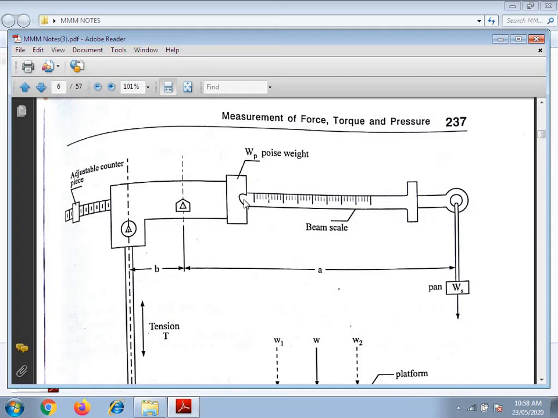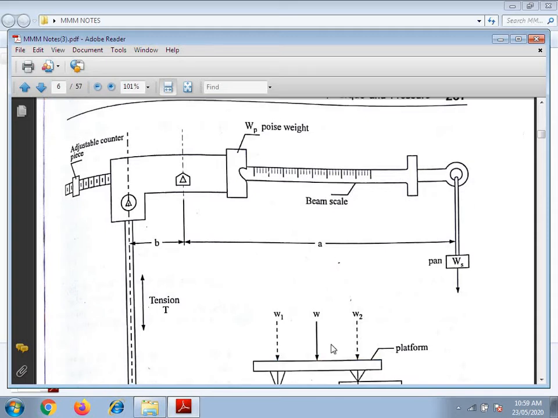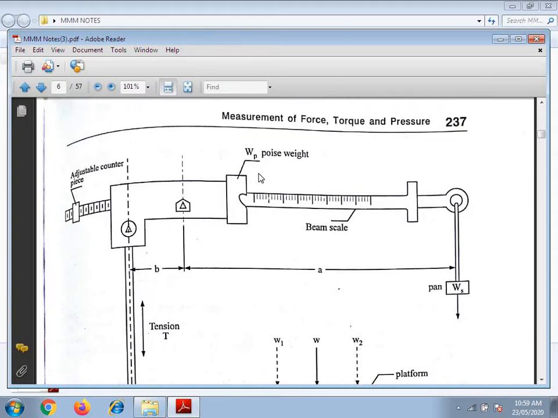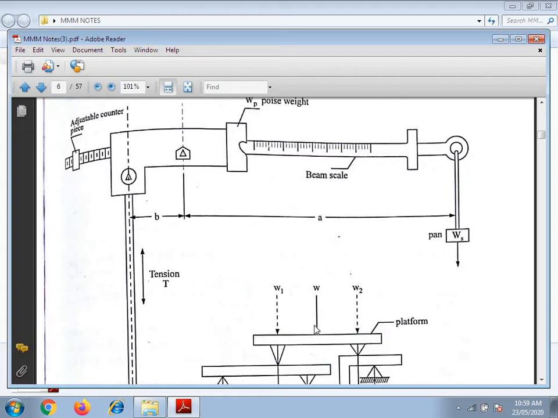Okay, in order to simplify the analysis, it is assumed that weight W can be replaced by two arbitrary weights, W1 and W2. Also, it is assumed that the poise weight WP is at 0, and when the unknown weight W is applied, it is entirely balanced by the weight WS.